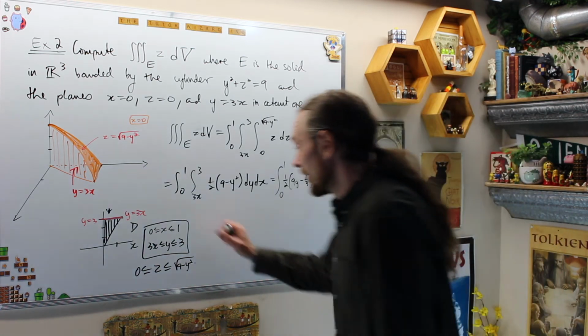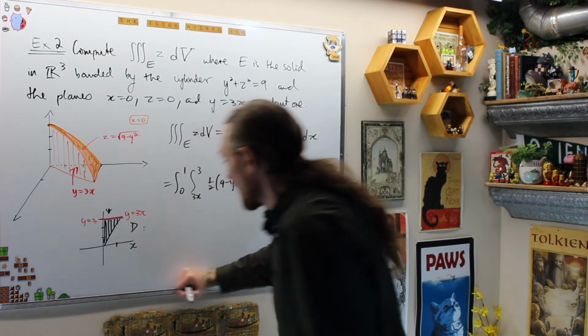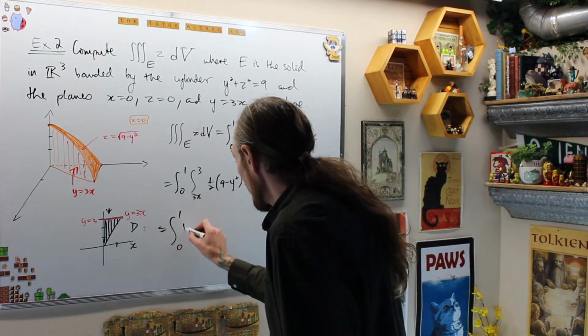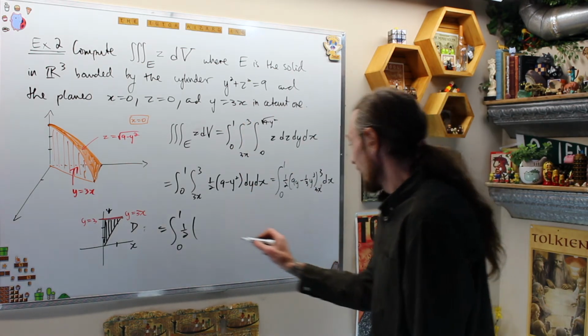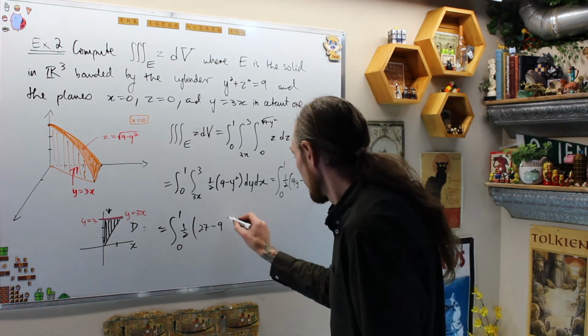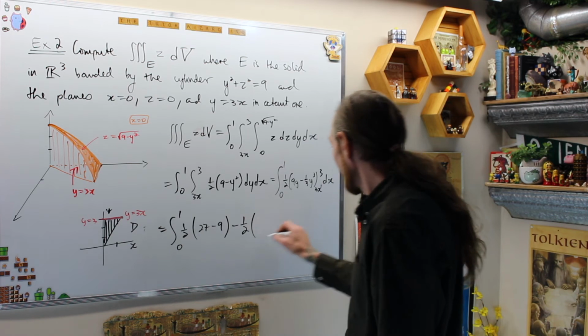Putting that in there, and I don't need this anymore because I have my bounds. This is equal to the integral from 0 to 1 of 1/2, and now I'm going to get 27 minus 9 minus 1/2.